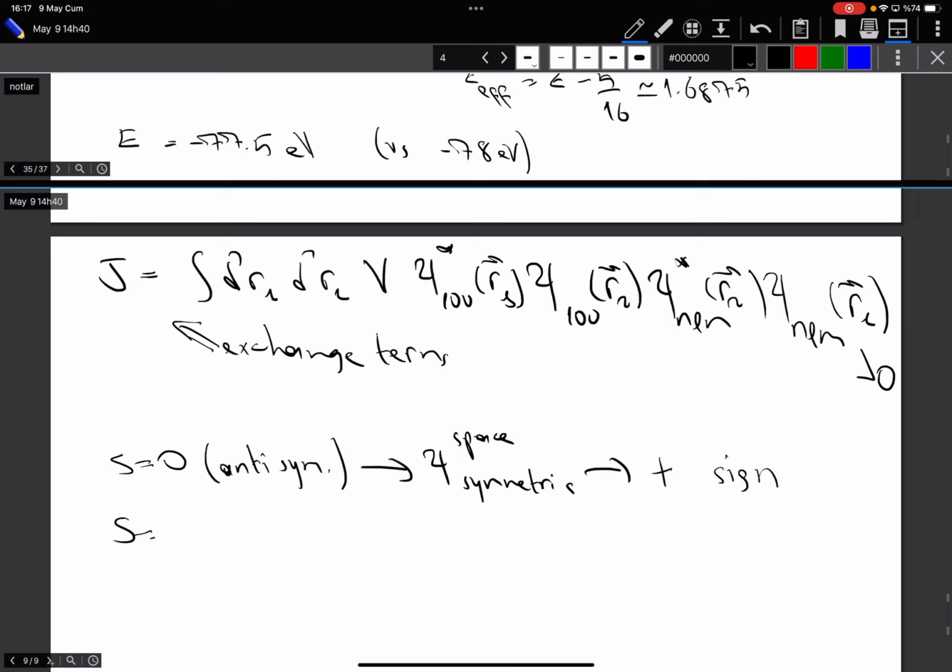For S equal to 1, the spin wave function is symmetric, which tells me that I have to use a space wave function that is antisymmetric.